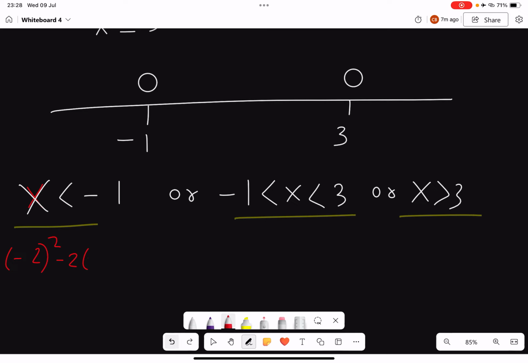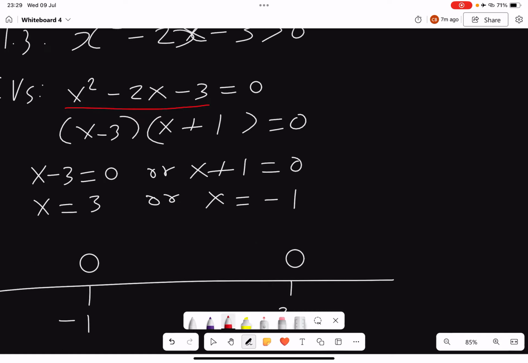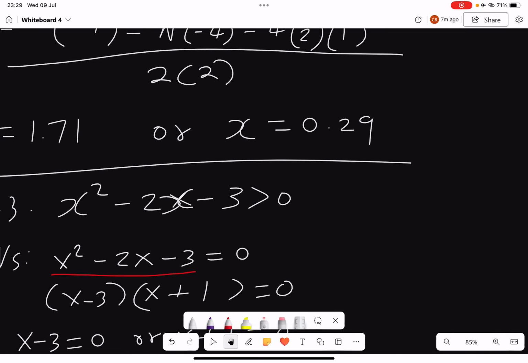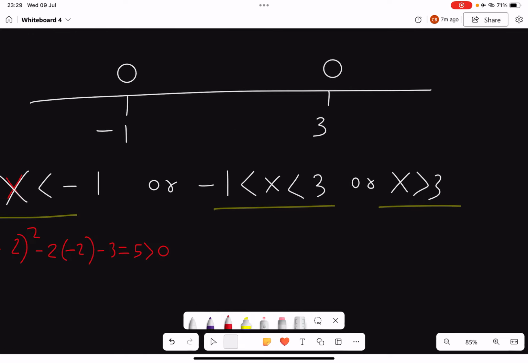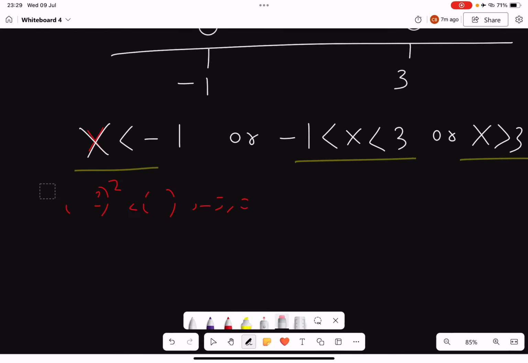Remember, you are using a pencil here. The answer would be 5, which is bigger than 0. And if you look at the question, we are indeed looking for bigger than 0. So we can agree that region 1 is going to be part of the solution. So I'm going to box it in purple to show that we are taking it.